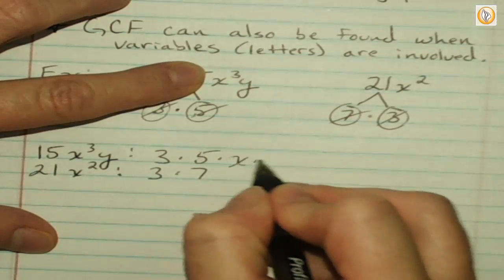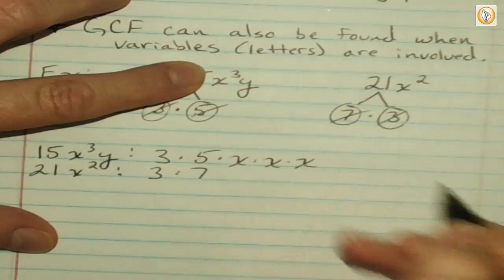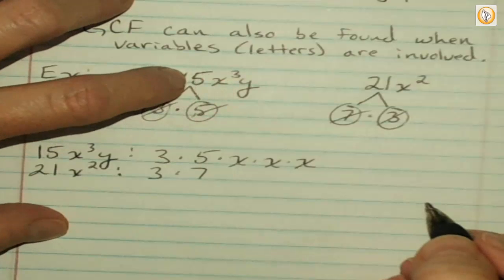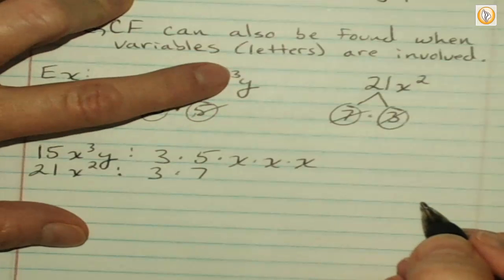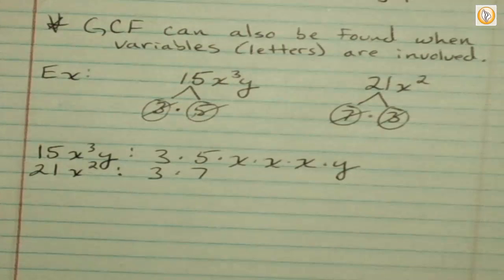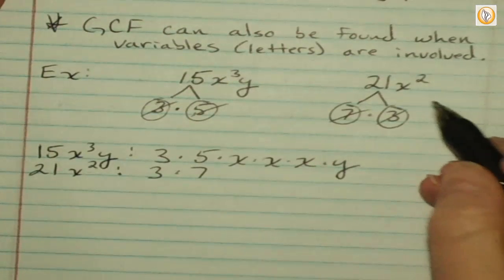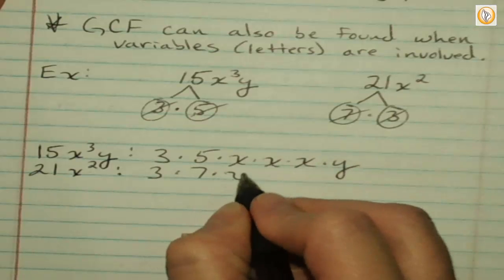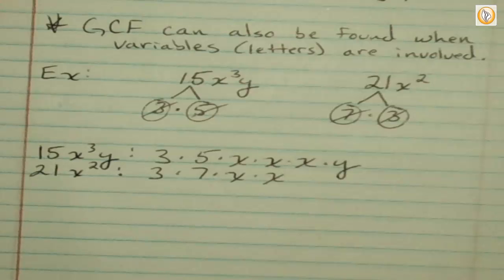So look, X times X times X. 3 X's. And I'm multiplying. Aren't these all being multiplied anyway? How many Y's do I have? 1. Over here, Michaela, how many X's do I have? 2. Perfect. And I'm listing those.